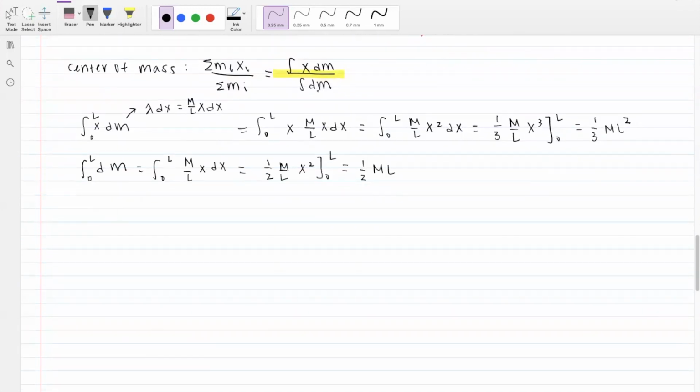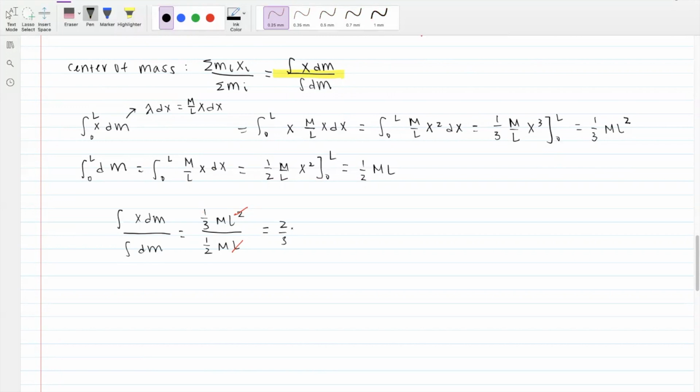So if we plug this into our equation, so we have integral of x dm all over the integral of dm. This will give us 1/3 m L squared all over 1/2 m L. As you can see, the squared on this L and this L will cancel. 1/3 over 1/2 will give you 2/3.